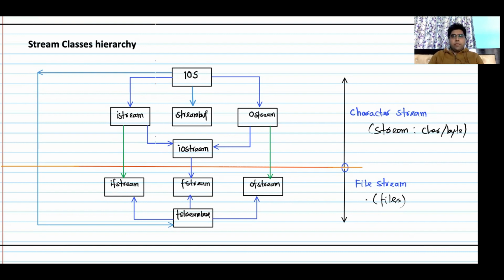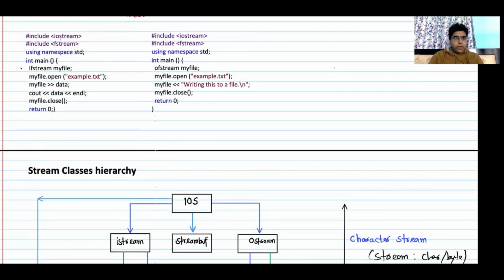When you are dealing with file streams, you have to follow this structure. ifstream we use for input file stream, and ofstream we use for output file stream. These are the classes for those ifstream and ofstream that we have used over here, right?